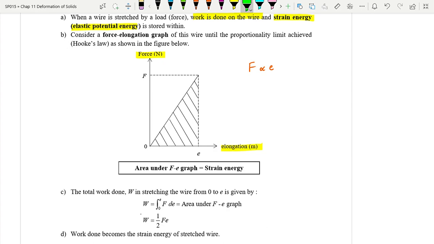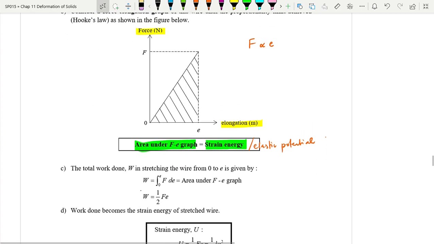Okay, so area under the F-E graph is equal to strain energy ataupun elastic potential energy, ataupun kalau soalan tu minta work done to stretch the wire, kita boleh juga gunakan area under the force-E graph to calculate this work done. Okay, so daripada shape untuk area ni, kita dah tengok kat sini dia adalah triangle shape.